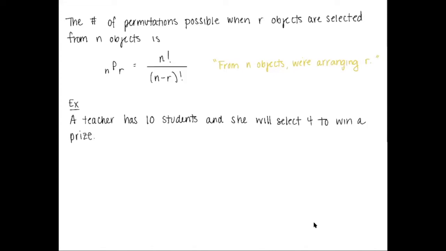If each prize is different, so the child that gets selected for each one is going to make a difference. In how many ways can the prizes be awarded?